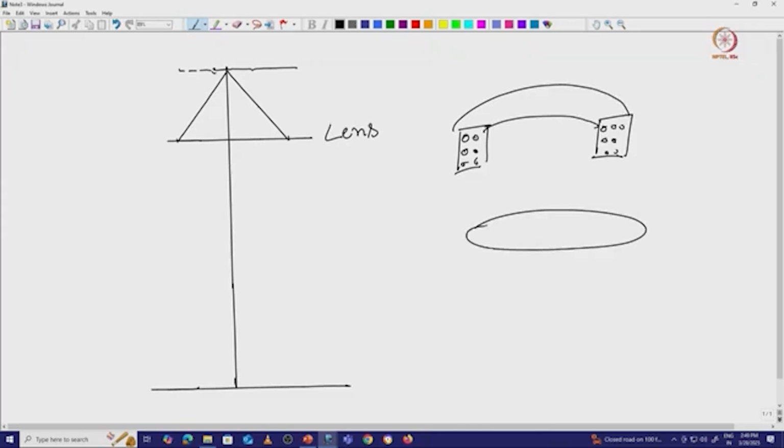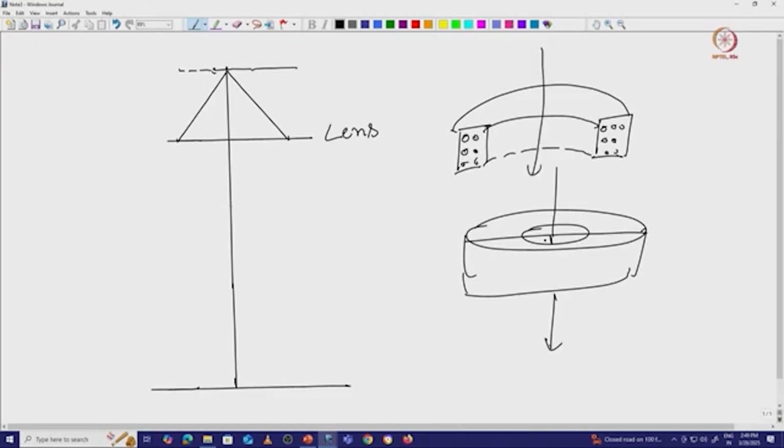Maybe you can consider that this is the electromagnetic lens. At the center there will be a hole where rays will go in and come out. Now we just drew a cross section here, and this is the part you can see, where rays are going through.